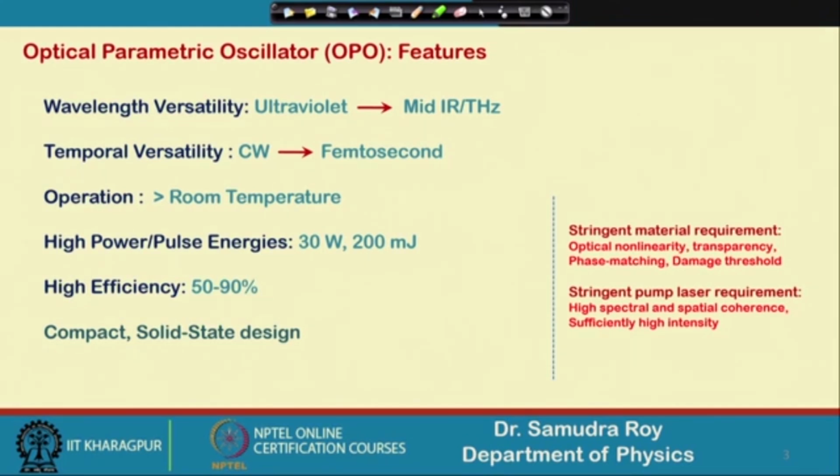Also, temporal versatility is there. You can generate CW to femtosecond kinds of pulses out of this resonator. The operation domain is normally room temperature and greater than that, and we also have high power and pulse energies out of these optical parametric oscillators, roughly 30 watts in power to 200 millijoules in terms of energies.